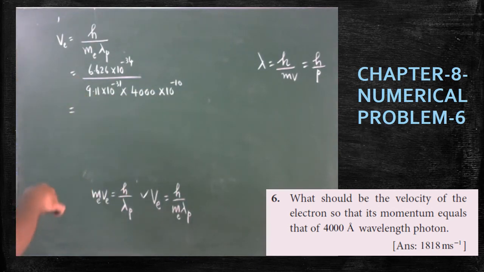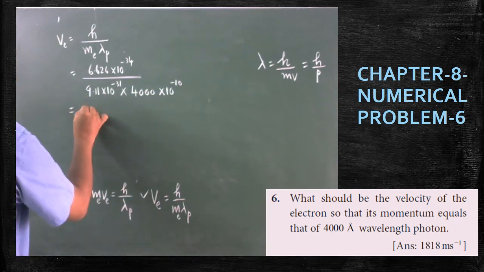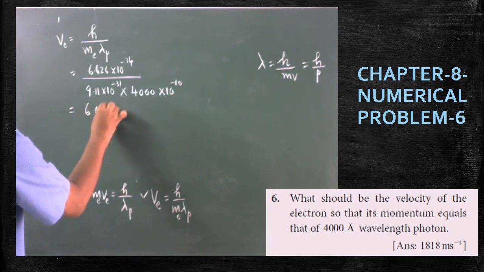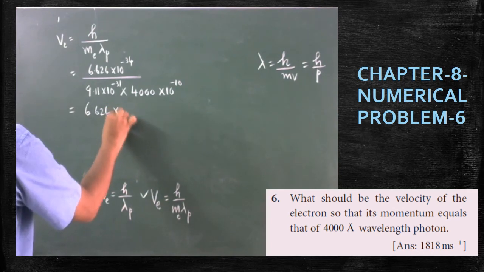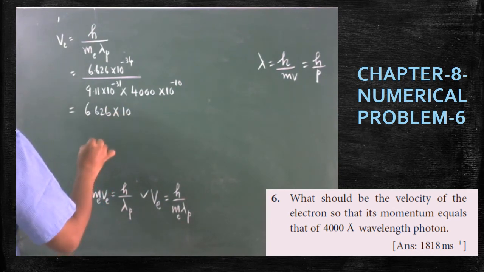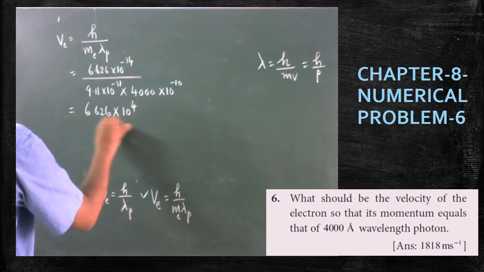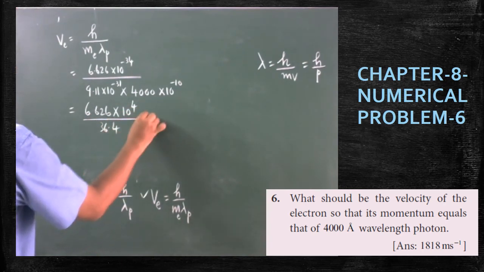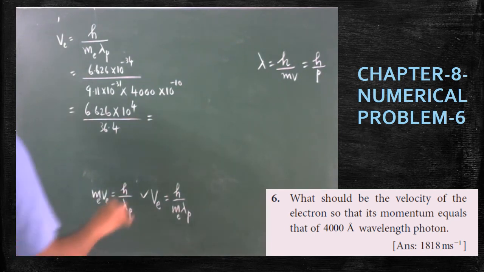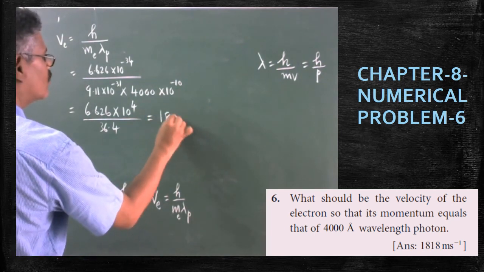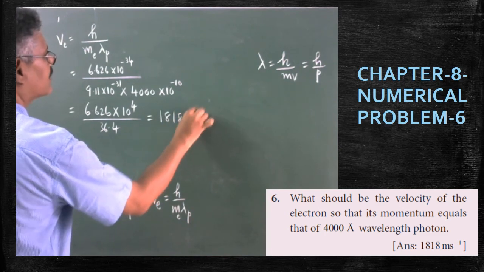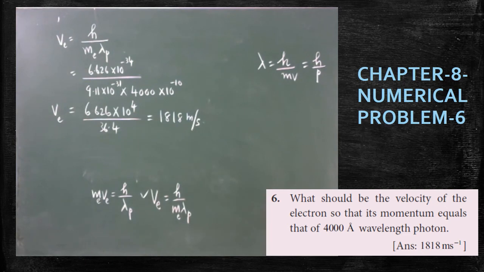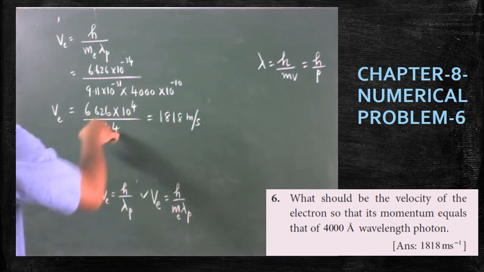After simplification, 6.626 into 10 to the power of 4 divided by 36.4, we get 1818 meter per second. So this is the velocity of the electron. First you obtain the formula, and from it you get the answer.